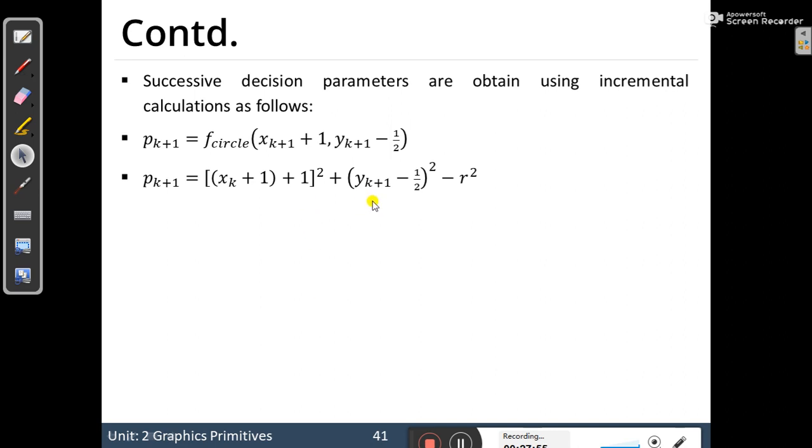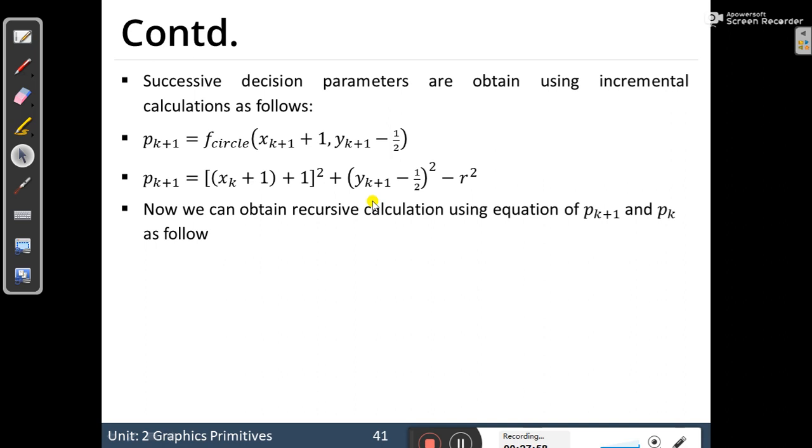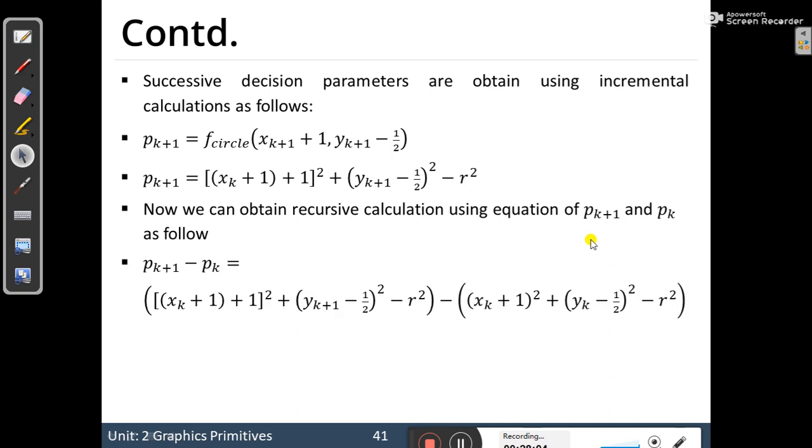So our incremental calculation will be like this. Now we can obtain the recursive calculation using pk plus 1 and pk as follows. So we try to differentiate pk plus 1 and pk by plotting these points.